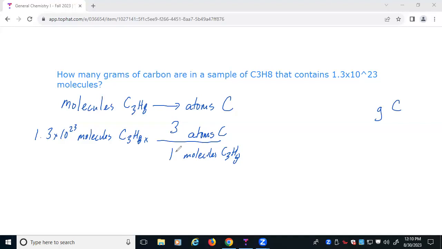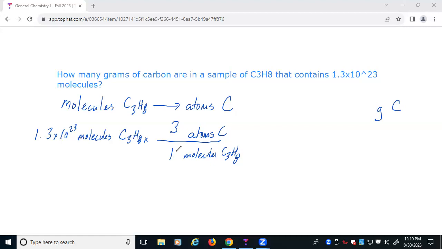If I were asked for the hydrogen instead of the carbon, I would say 8 atoms of hydrogen for every molecule of propane. If I was just asked how many atoms are in this sample, well, 3 from carbon and 8 from hydrogen would give me 11 total atoms. So my ratio would have been 11 atoms for every 1 molecule.